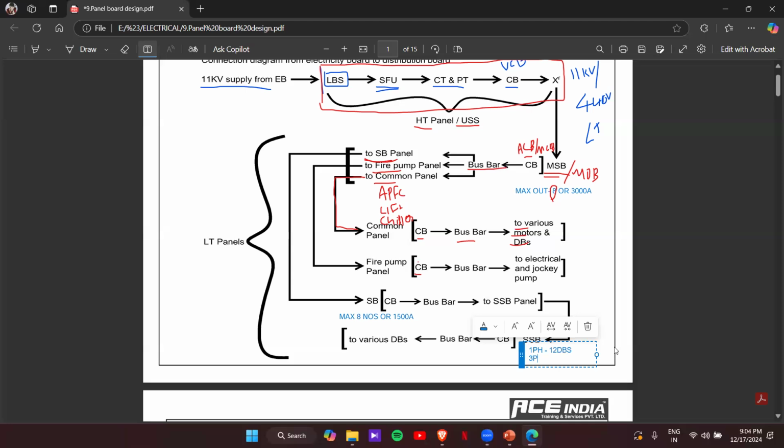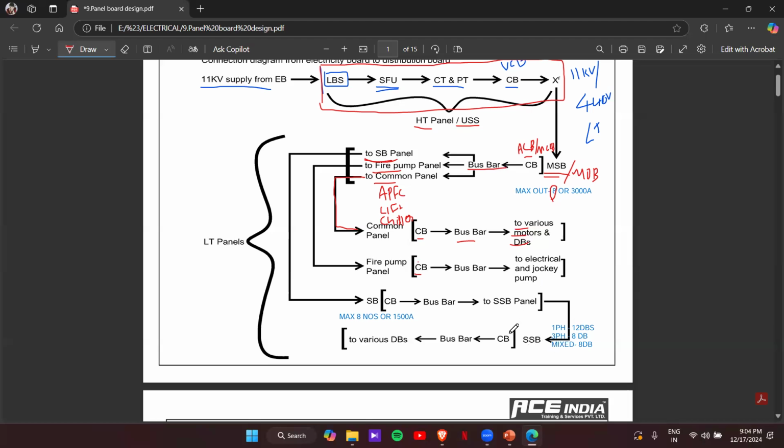If it is three phase, you can take 8 DB outgoings. If it is mixed, meaning single phase and three phase mixed, again you can take 8 DBs. So this is the maximum number of outgoings you can take from one single SSB.